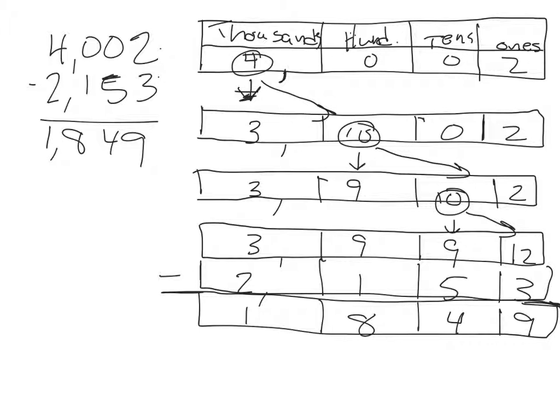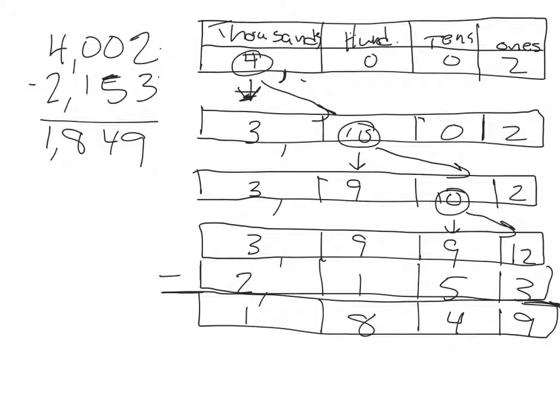The other thing that I like about it that I shared with the kids is that you do all your regrouping first. So then when you get down to the end, all you have to do is subtract, and that goes really quickly. Like I said, this number is extreme, so if you just had to regroup the tens place, then maybe you're just regrouping once and maybe you only make one row on the table.